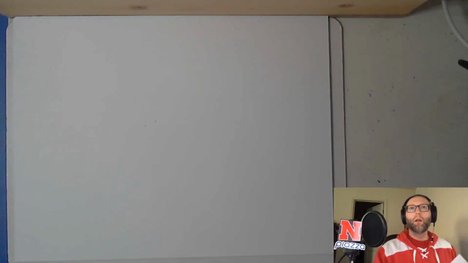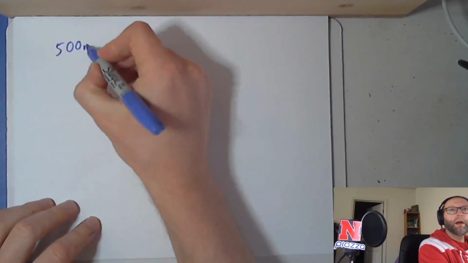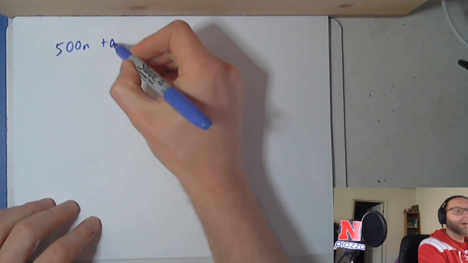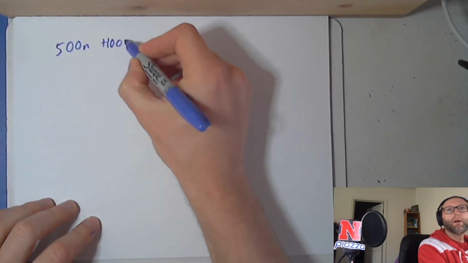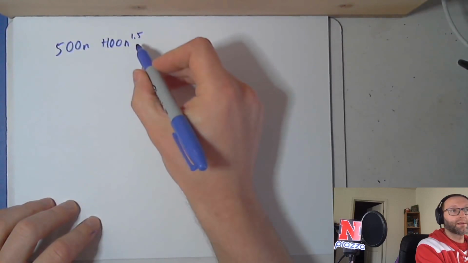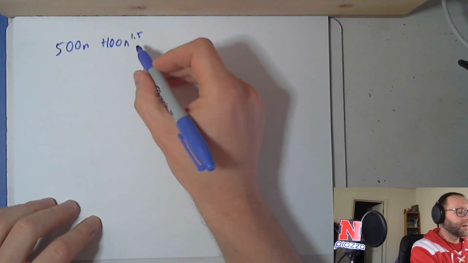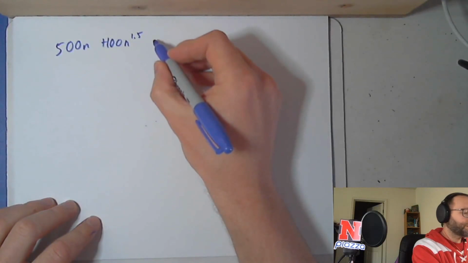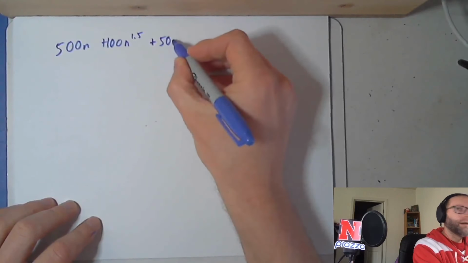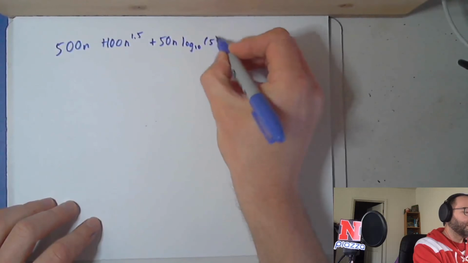All right. The next one here is going to be 500 n plus 100 n to the 1.5. So it's still a polynomial here. This is like a linear times a square root function plus 50 n log base 10 of n, right?